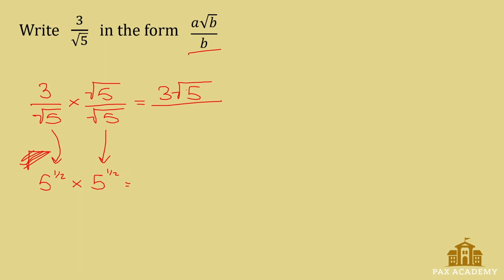So when you multiply the same number with powers, what you can do is you can sum the powers. So this is equal to 5 to the power of 1/2 plus 1/2. A half plus a half is 1. So we get 5 to the power of 1, which is simply 5. Okay? So square root of 5 times square root of 5 is simply equal to 5. And so here we have the form that they asked us in the exercise.